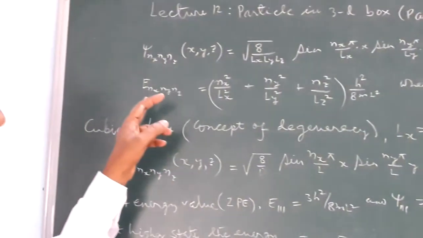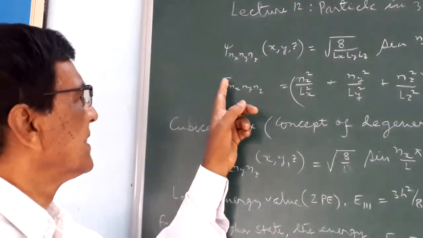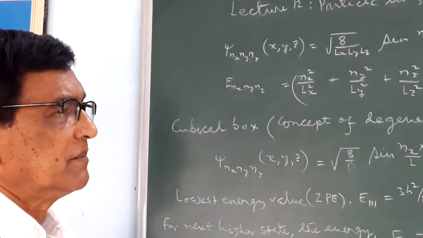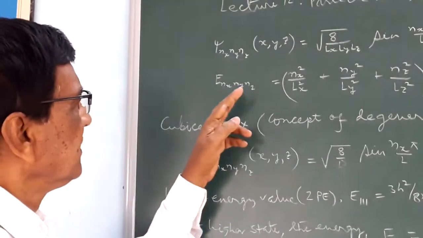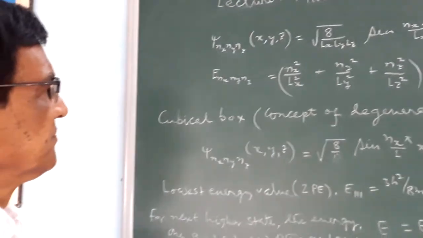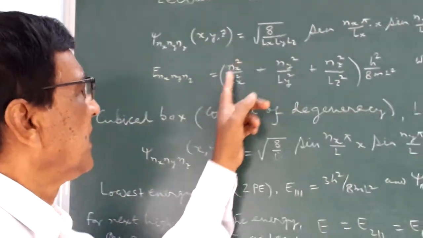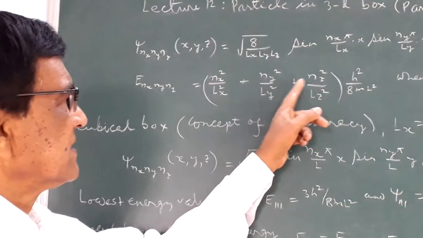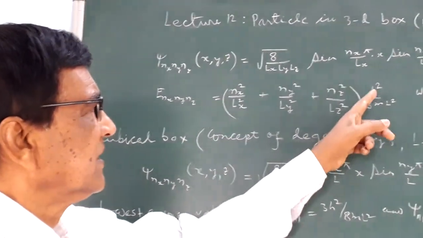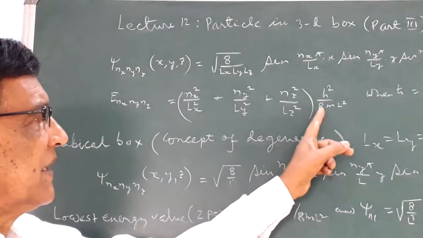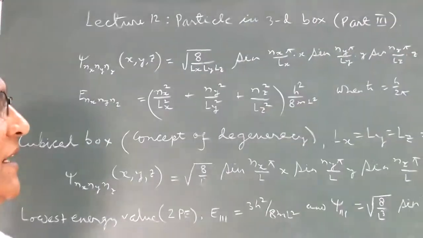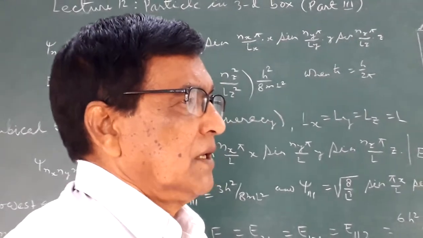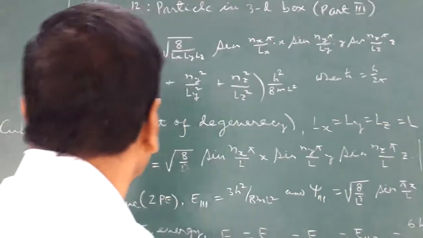And the energy value could also be written as E(nx, ny, nz), these being the quantum numbers given to this energy term. And it is nx²/Lx² plus ny²/Ly² plus nz²/Lz², into h² divided by 8m, when ħ is replaced by h by 2π.